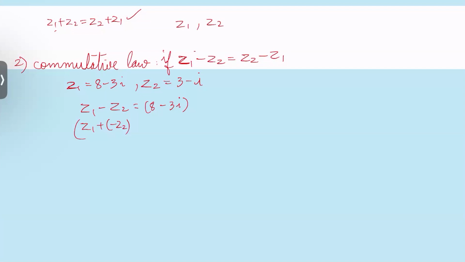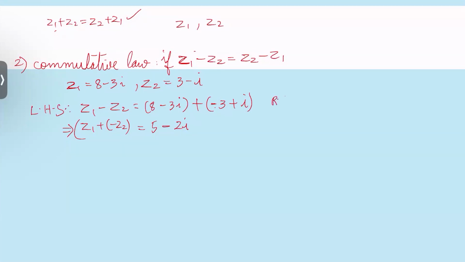The additive inverse of Z2 will change the signs inside, so plus minus 3 plus i. Now if we take this, 8 minus 3 is 5, and minus 3i plus i will be minus 2i. This is the LHS.